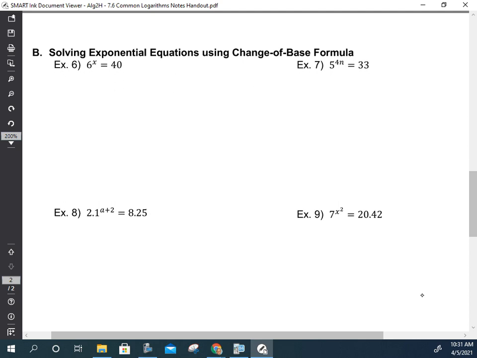So in order to solve an equation like that, we're first going to rewrite it as a logarithmic equation. There's your base, there's your exponent, there's your y.